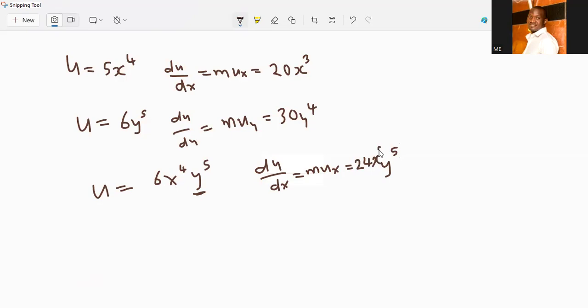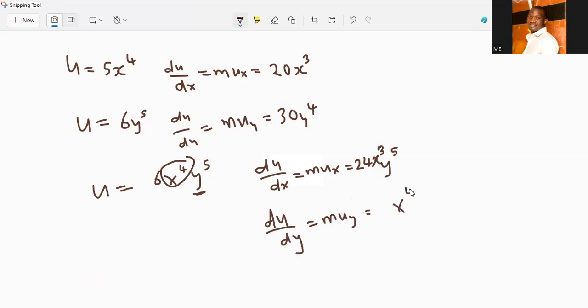Then you repeat the same procedure. You differentiate with respect to y. So du over dy, this is our MUy, the marginal utility of y. We're interested in the y. What is our dummy? We just isolate the x^4 as it is.